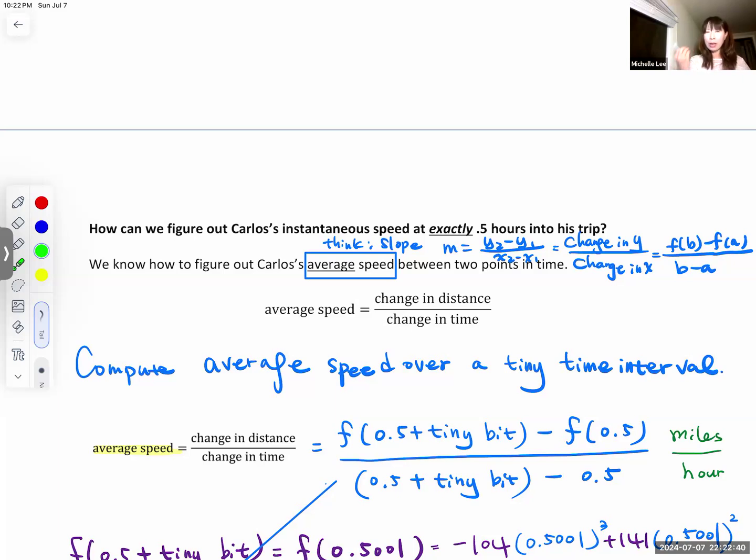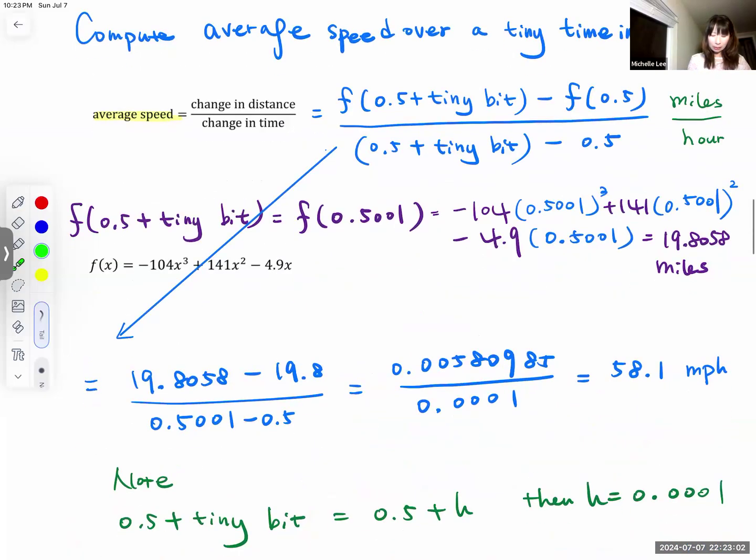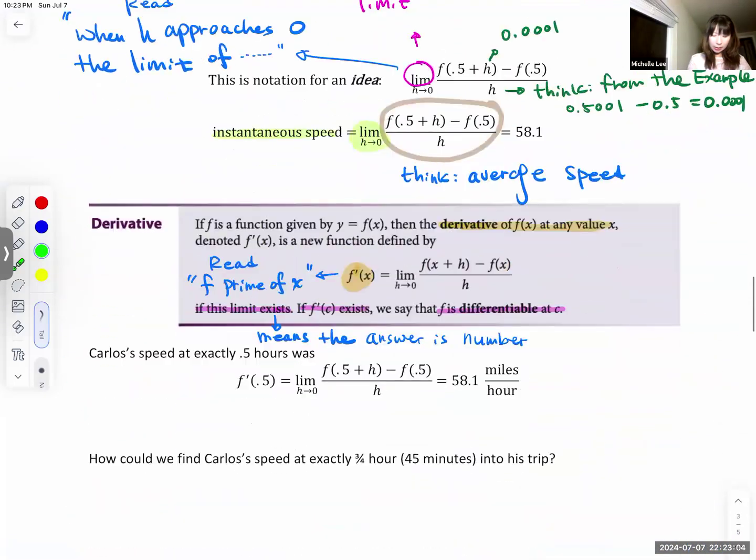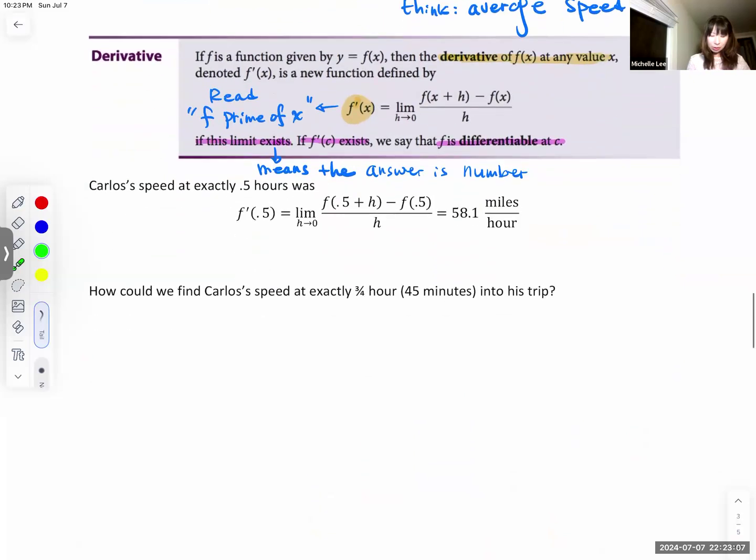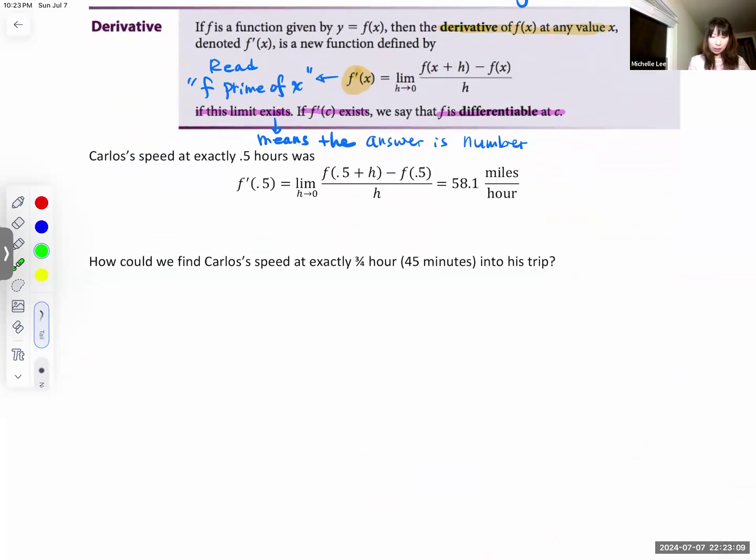Sorry, I keep saying average distance; average speed, right? In average speed, we take the limit when h approaches 0, and that's instantaneous speed, and we give it the notation f prime of x. So that is instantaneous speed at exactly 0.5.